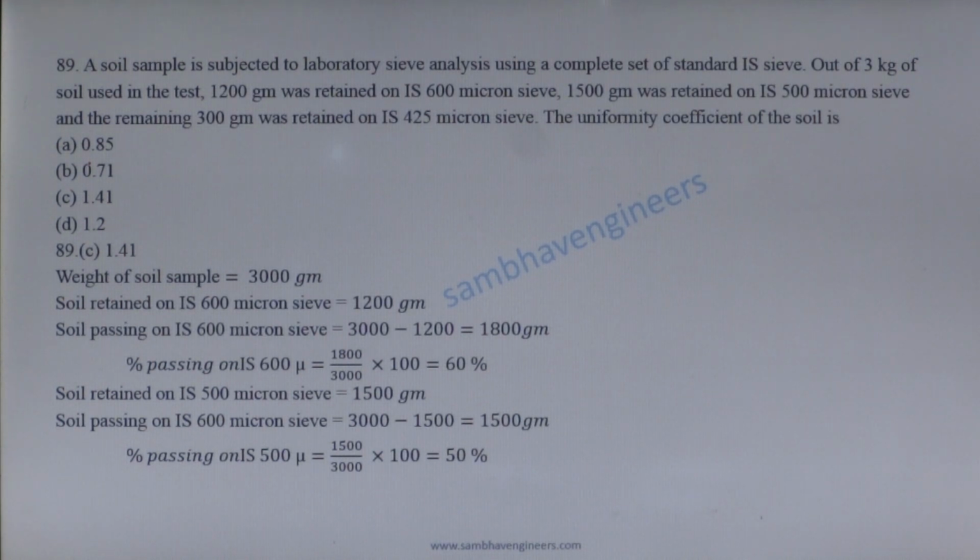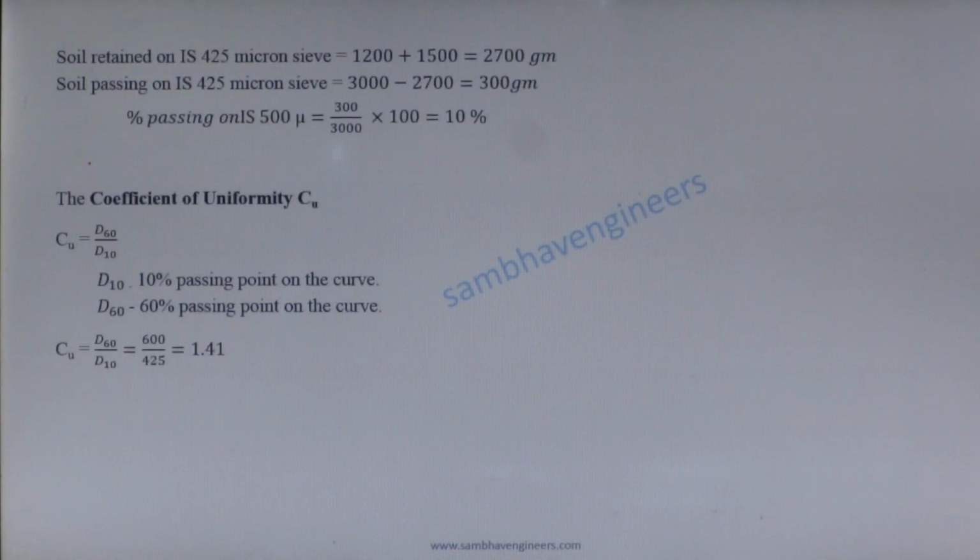The uniformity coefficient of the soil is given by Cu is equal to D60 divided by D10.